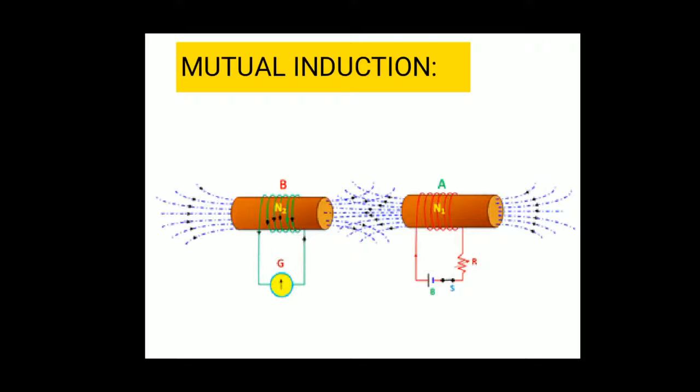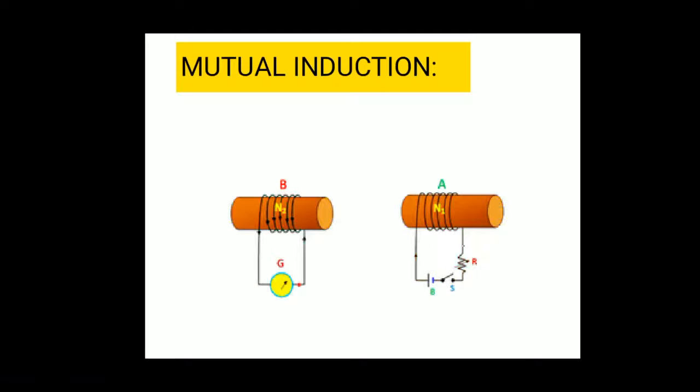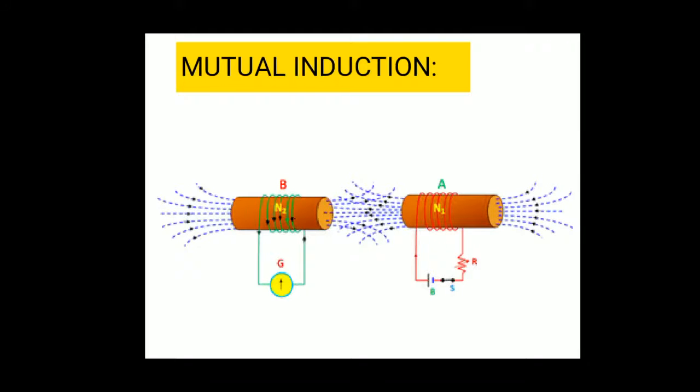So as a result, an EMF is induced in the secondary coil B. And this induced EMF opposes the growth of current in the primary coil, that is in the coil A.